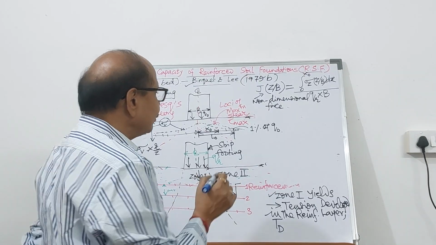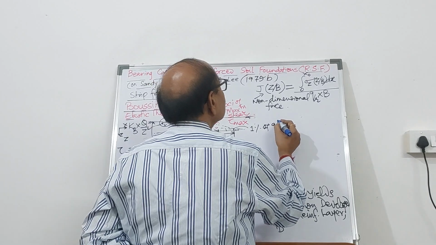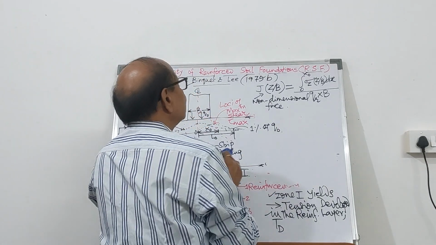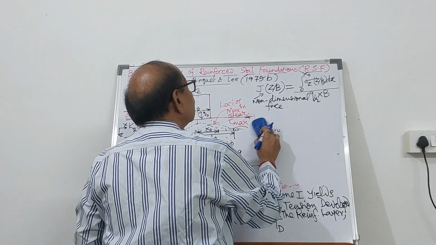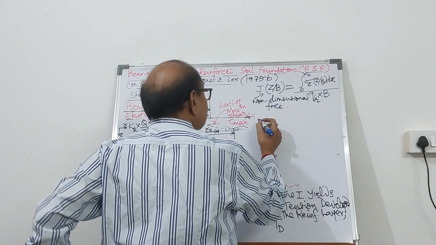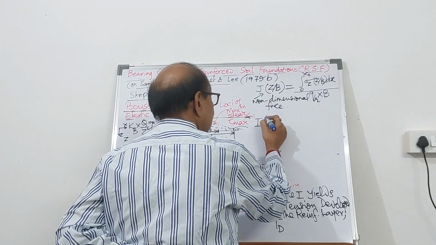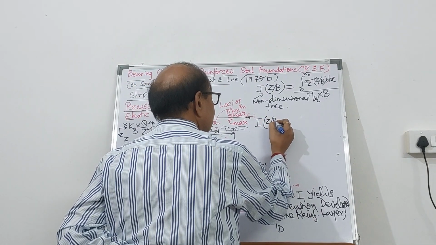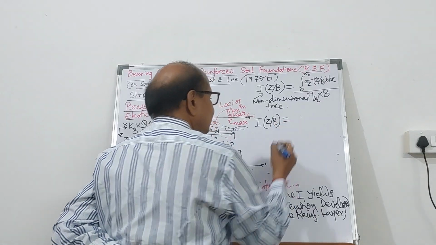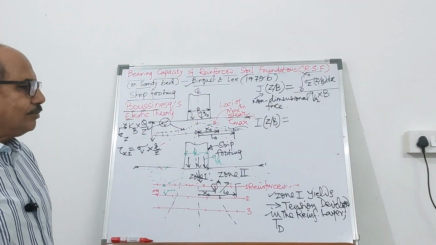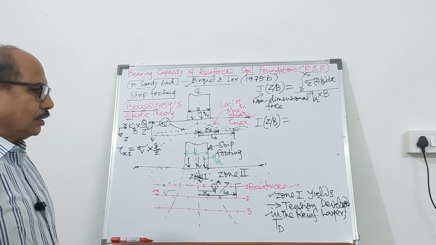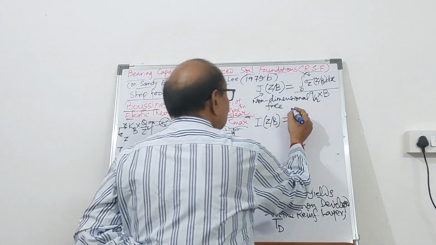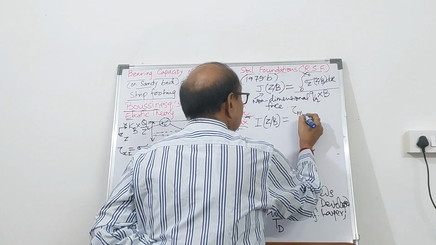And there is another non-dimensional force. That non-dimensional force is called I. So I is another non-dimensional force that is equal to tau max.